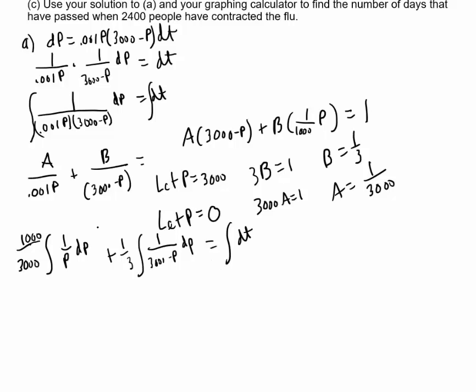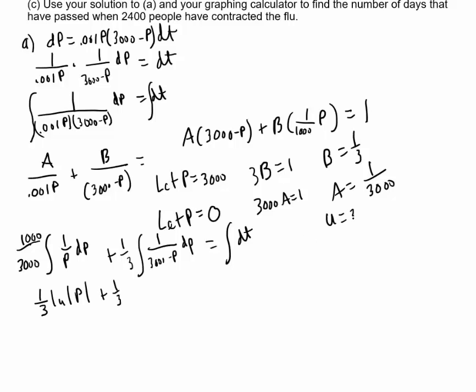So now I've done up all the prep work. In this case, I'm integrating by partial fractions so that I can integrate this mess over here. So 1 over p, this is just p, so I don't need u substitution. It just becomes ln absolute value of p. And then plus, this will be 1/3. And then this one does require u substitution since it's not just 1 over p.